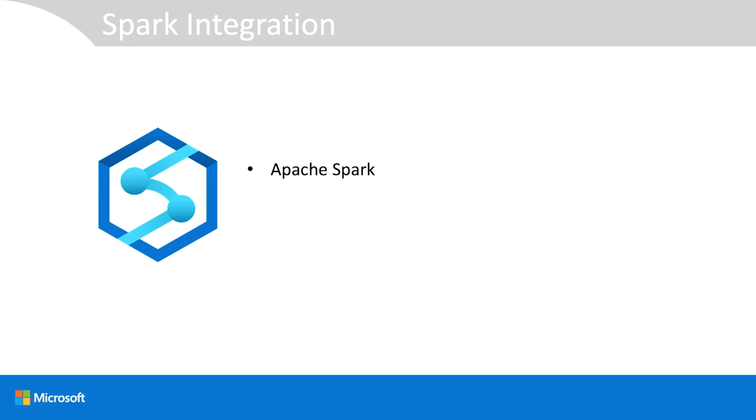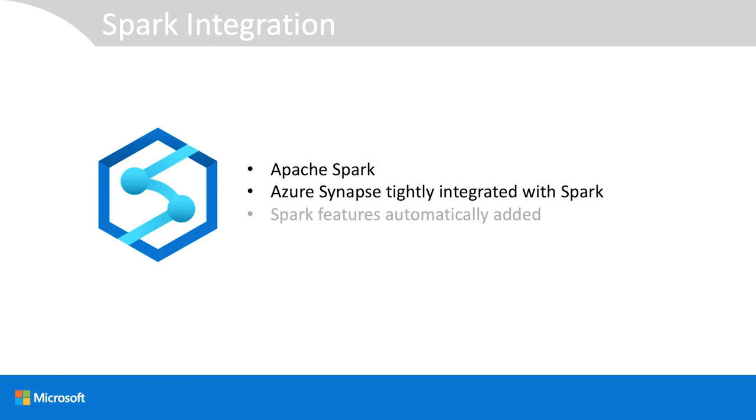Spark integration represents the integration of Azure Synapse Analytics with Apache Spark. Spark is a third-party big data processing engine, and Synapse Analytics is tightly integrated with Spark. Features that are provided by Spark are automatically added into Synapse Analytics when you create a cluster.